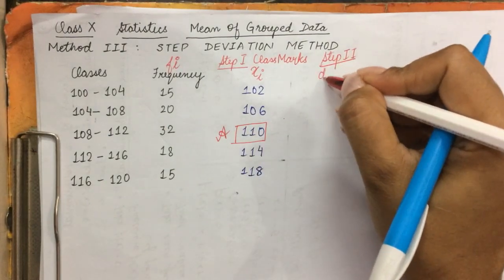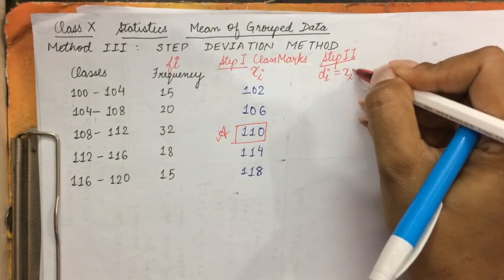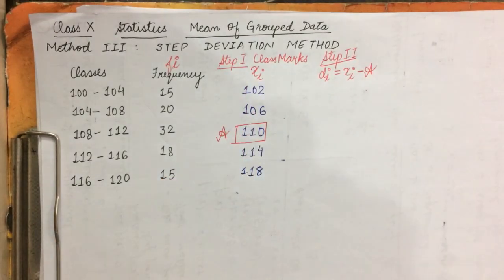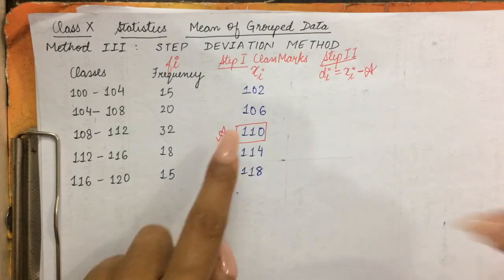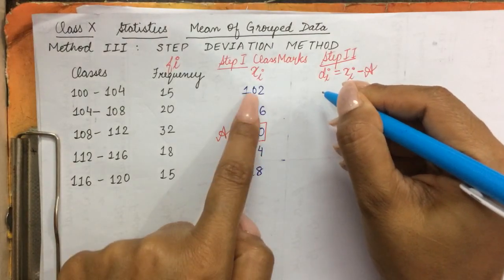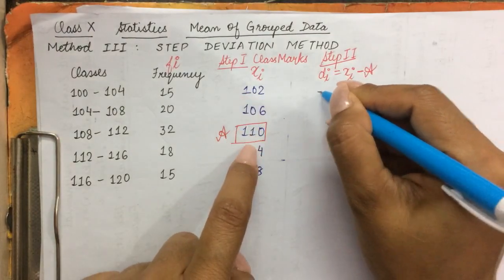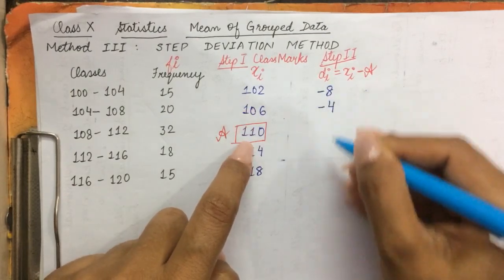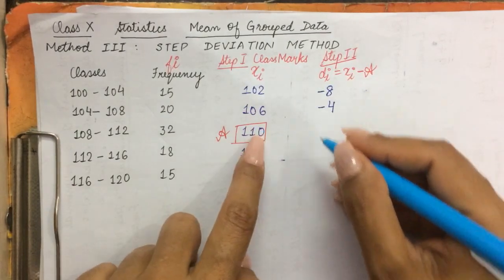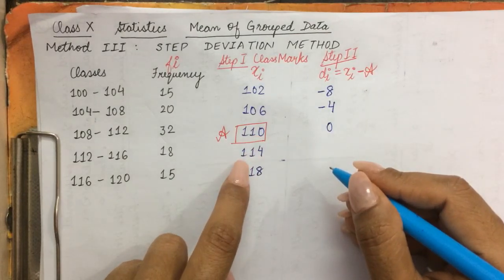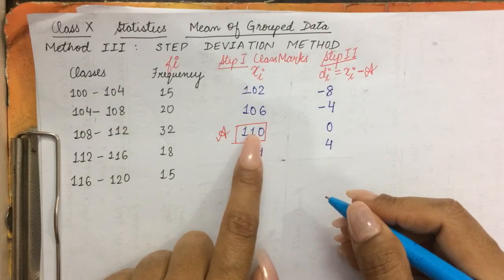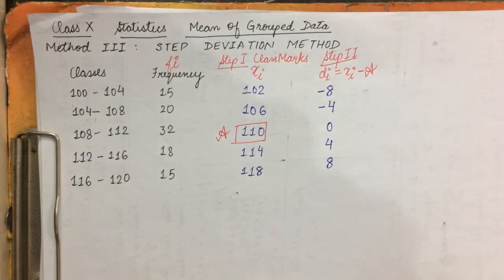I will be subtracting 110 from all of these. So I get 102 minus 110, this is minus 8, 106 minus 110, this is minus 4, 110 minus 110 gives me 0, 114 minus 110 gives me 4, 118 minus 110 gives me 8.